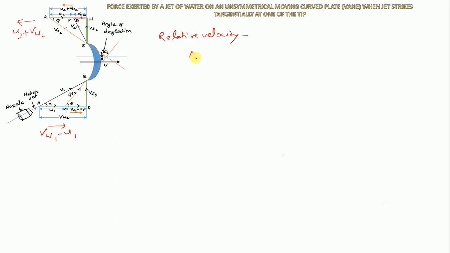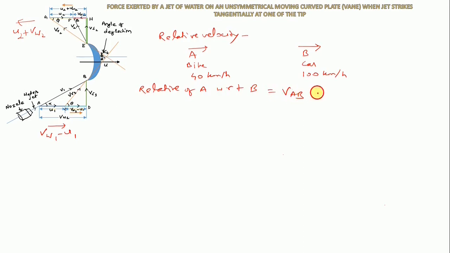Suppose two bodies or two objects A and B. Suppose A is a bike, B is a car. A is moving in this direction and B is also moving in this direction. A is moving at 40 km per hour, B is moving at 100 km per hour. So the relative velocity of A with respect to B is VAB equal to VA minus VB.